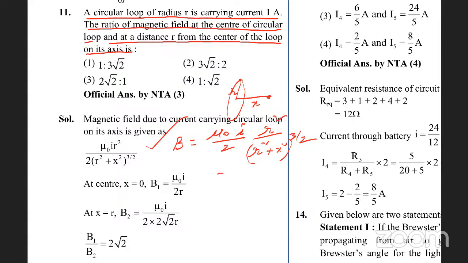At x equal to 0, it is B1. When x is equal to R, it is B2. So find B1 by B2, we'll get 2 root 2. This is a very straightforward formula based question. Even in the board examination, you have the derivation for this magnetic field along the axis of a circular coil.